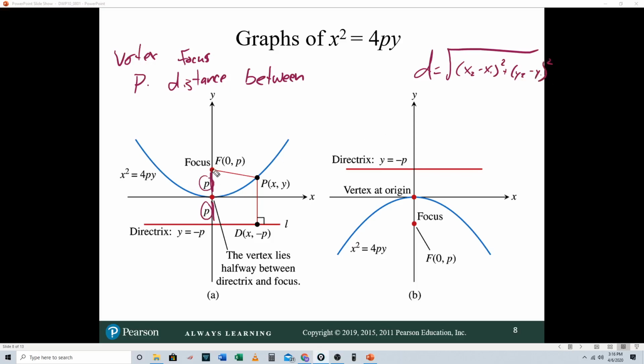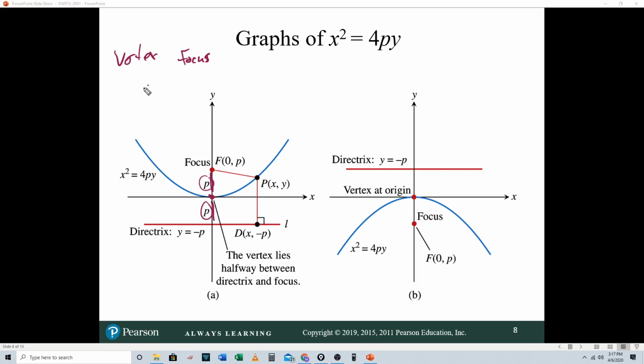However, if my vertex is the origin, the majority of the time your parabola is either going to open vertically or horizontally, it's not going to open diagonally, which means all you need to note is what is changing between the focus and the vertex. Let me give you an example of that.